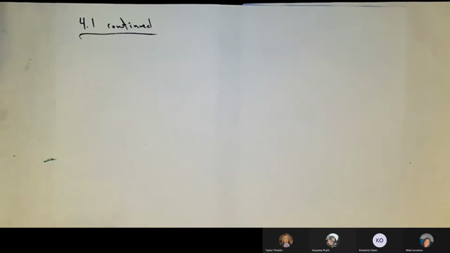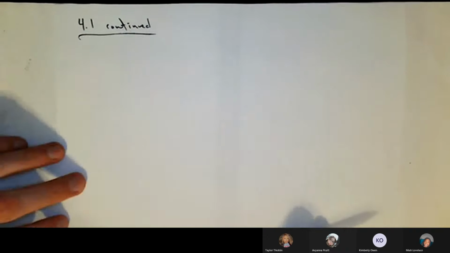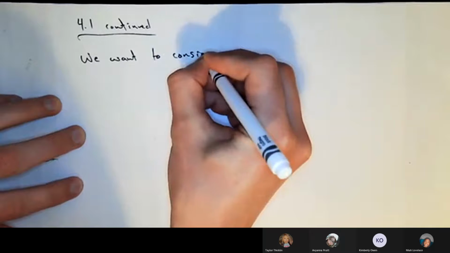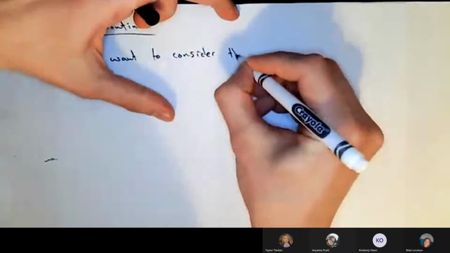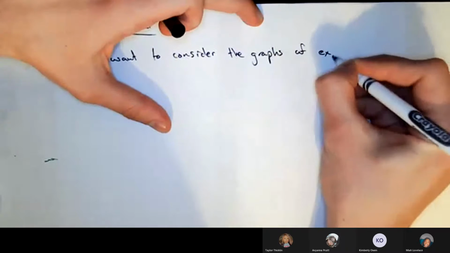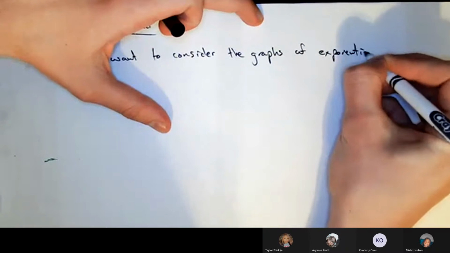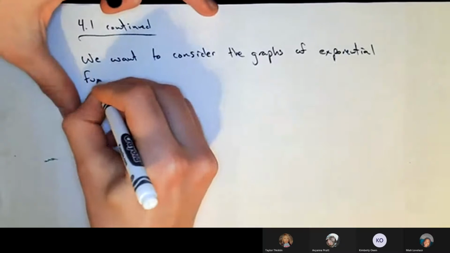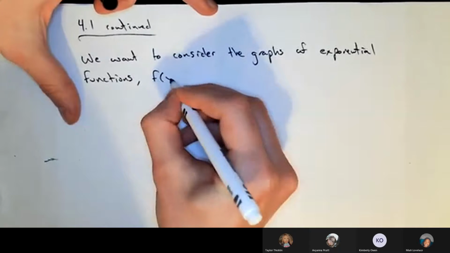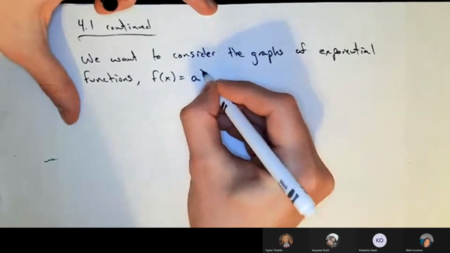So we're going to talk about graphs of two particular classes of exponential functions. So I'll say we want to consider the graphs of exponential functions which, remember, are of the form f of x equals a raised to the x.